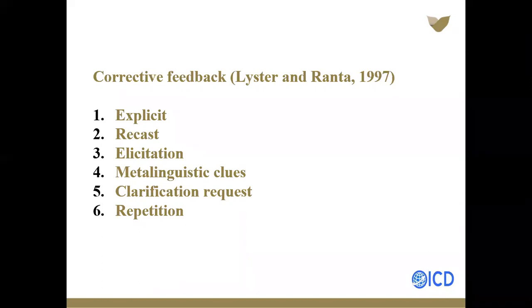And comes the metalinguistic clues approach. Metalinguistic is when you give them a grammatical rationale. You can tell them, okay, I is a singular subject, and with I, and other singular subjects apart from he, she, and it, we do not add es to the verb.